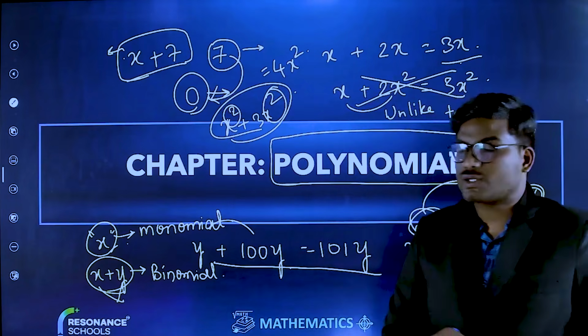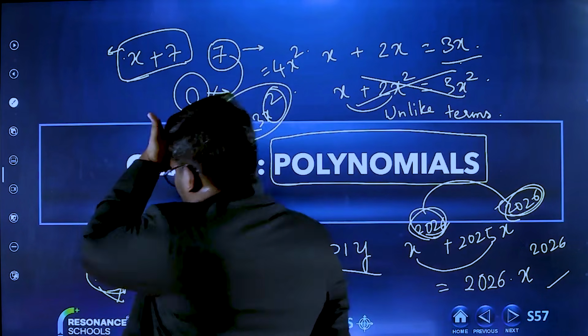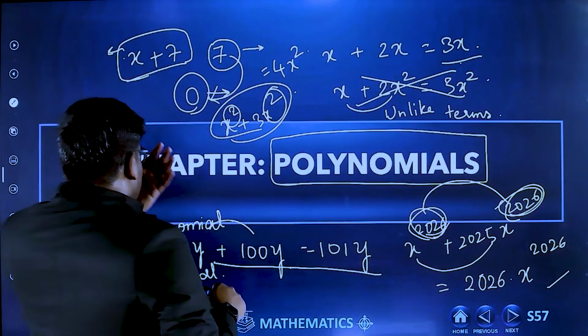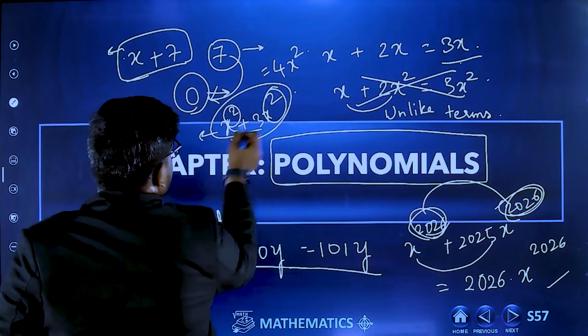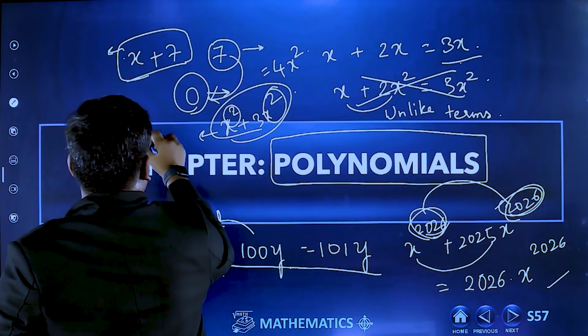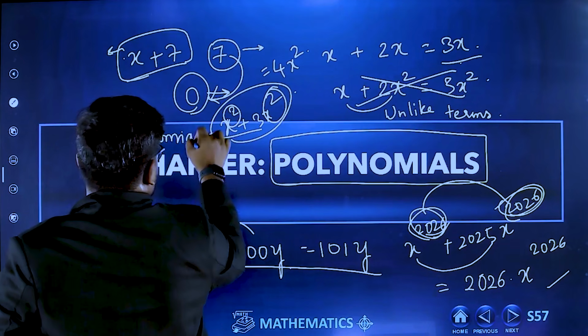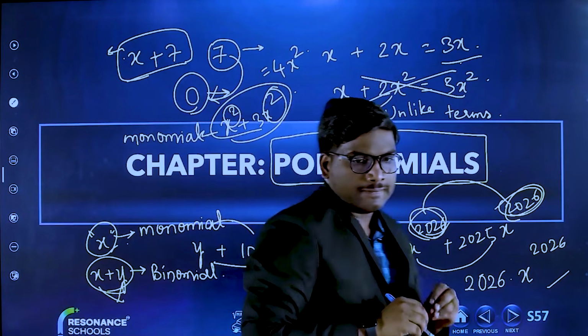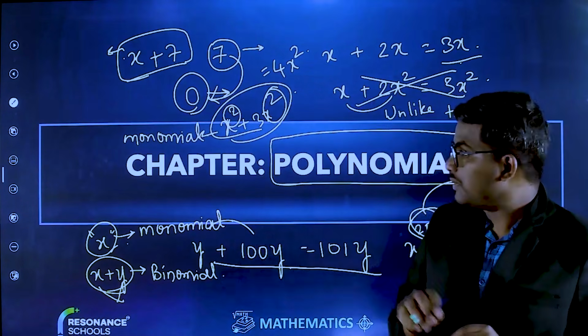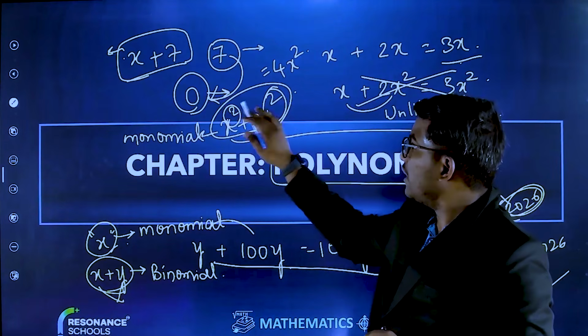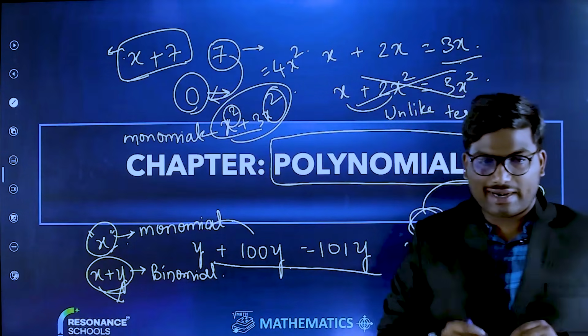And 4x square is a single term. Since 4x square is a single term, this is also a monomial. Did you understand the key difference between how we decide a monomial and a binomial?